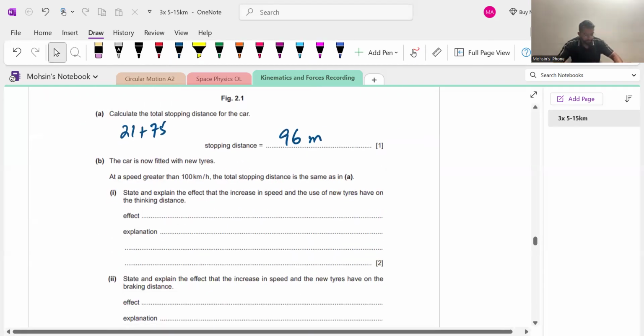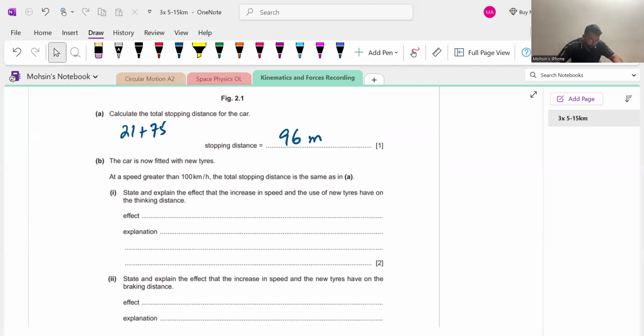Now the car is fitted with new tires at a speed greater than 100 kilometers per hour. The total stopping distance is the same as in A. State and explain the effect that the increase in speed and the use of new tires have on the thinking distance.